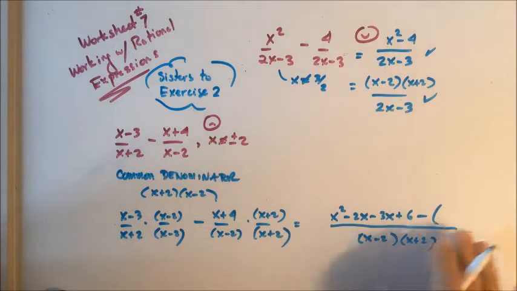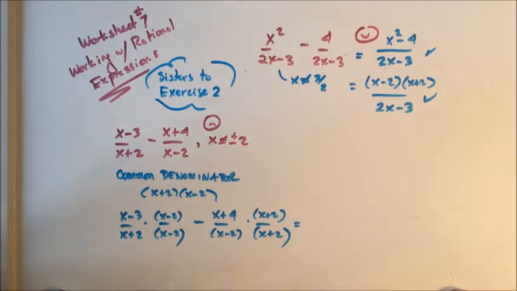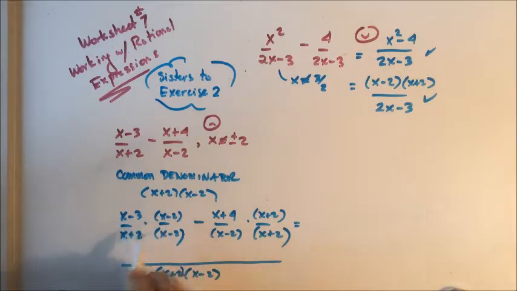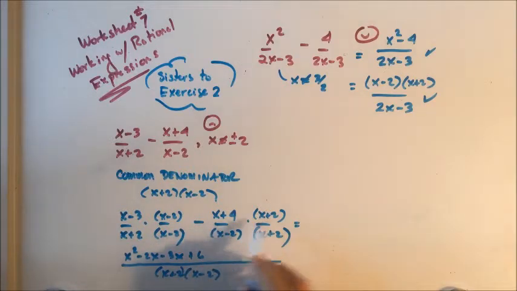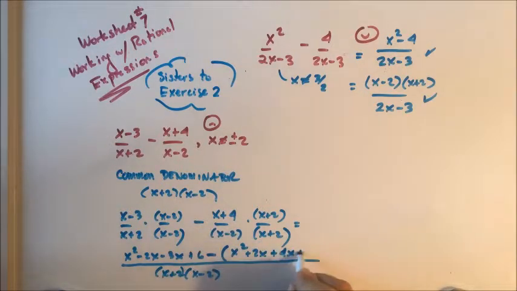I don't have enough room, so I'm going to have to come down here and do it. So here's my fraction. Here's x plus 2 times x minus 2 on the bottom. Up in the top, here comes x squared minus 2x minus 3x plus 6. And now be careful, I'm going to subtract everything here. So let's put that in parentheses: x squared plus 2x plus 4x plus 8.